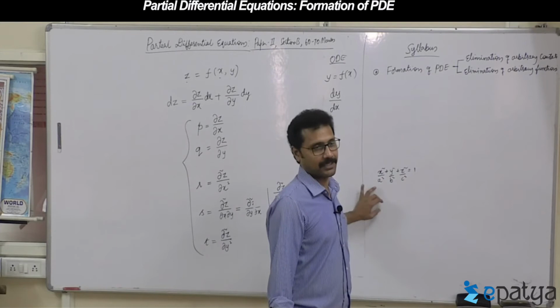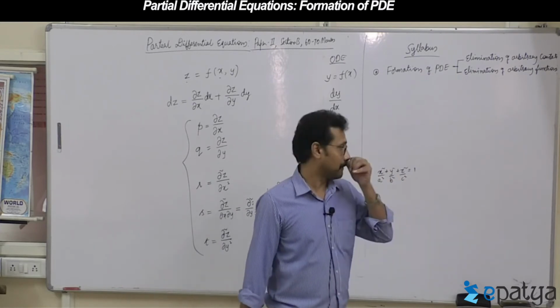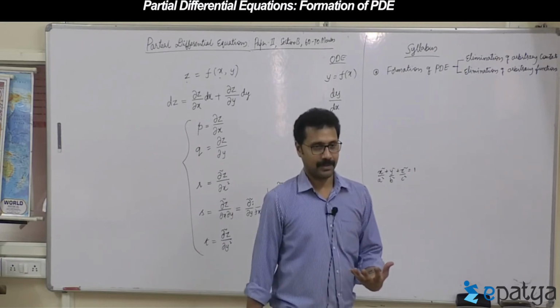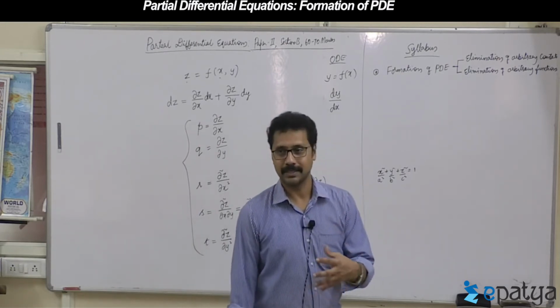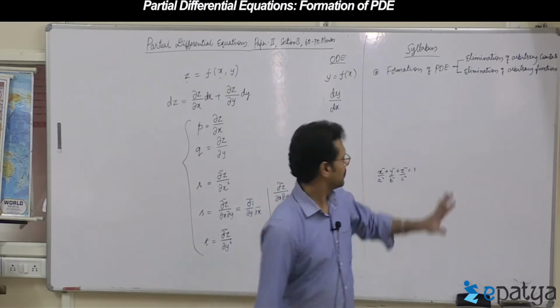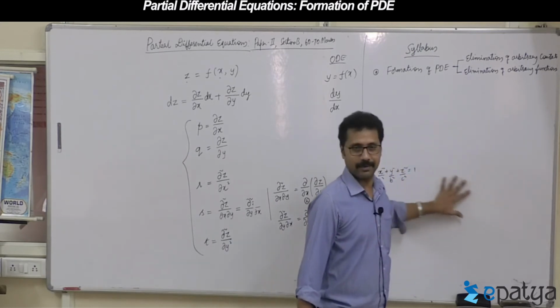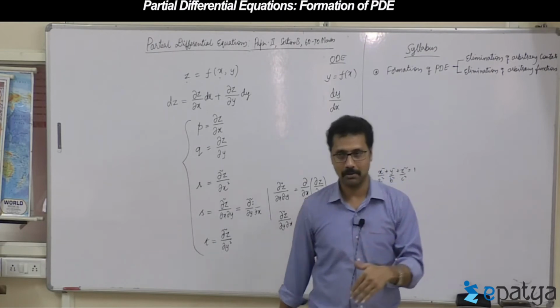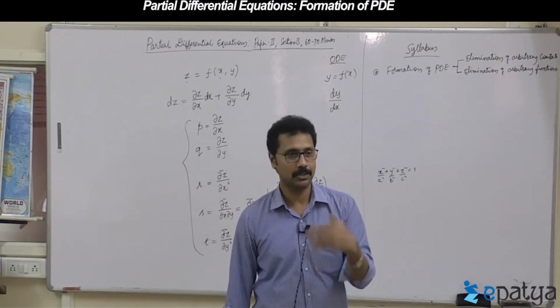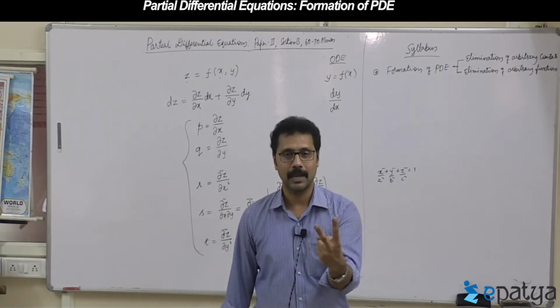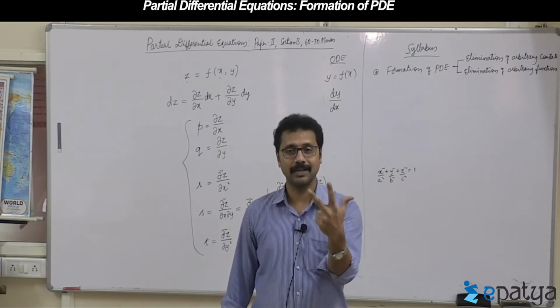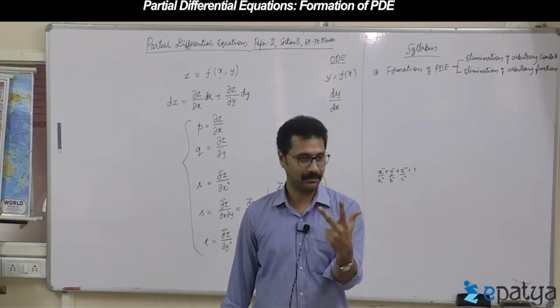When I mention ellipsoid, you need to imagine certain things geometrically here. In ODE, since it is just x's and y's only, everything is in the xy plane. But now in partial differential equation, since we have two independent variables and one dependent variable, we are in three-dimensional geometry.